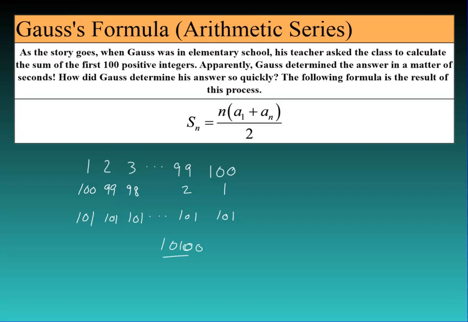Half of 10,000 is 5,000, and half of 100 is 50. So you get 5,050 if you add up all the numbers. Pretty nifty. And that's using the formula that you see right there, and that's how that formula came about.